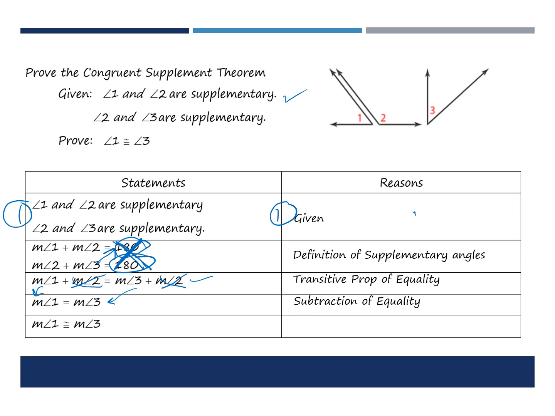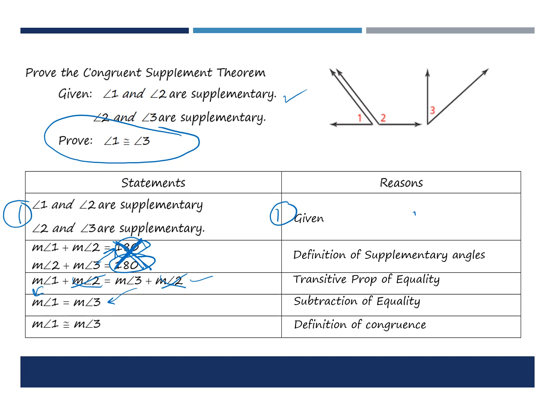And now what I'm trying to prove is that these are congruent, and I've got the measure of angle 1 equal to the measure of angle 3, which means that those are congruent by the definition of congruence. So I want you to understand that I followed logically step by step what makes sense. And then I went on to prove that.